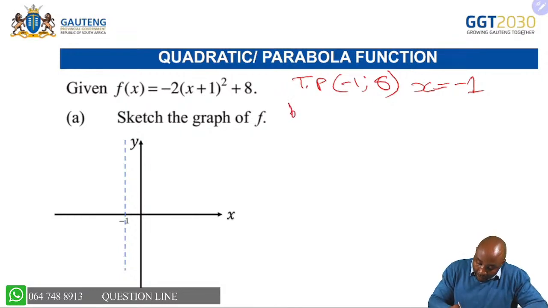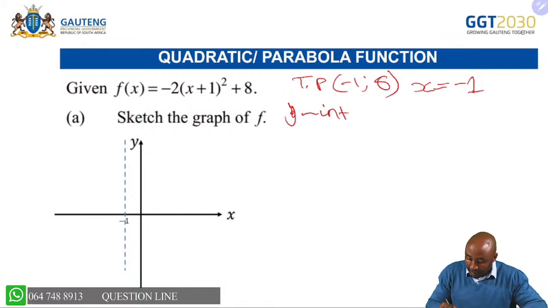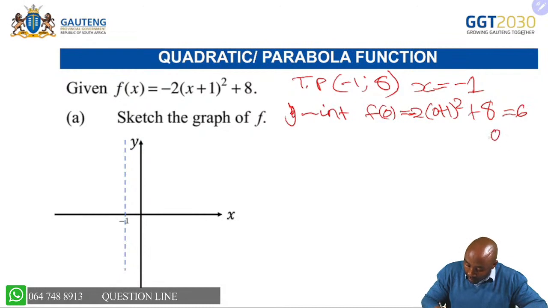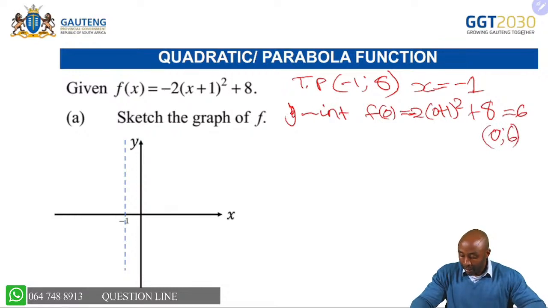To get our y-intercept, we know that we evaluate x is equal to 0. So we evaluate f of 0, which will give us -2 times (0 plus 1) squared plus 8. Sorry, there's a negative there. And this will give us a value of 6, meaning that will give us (0, 6) as our y-intercept.